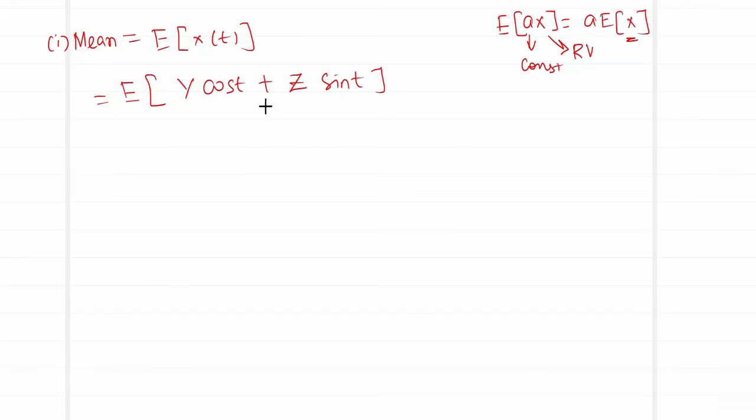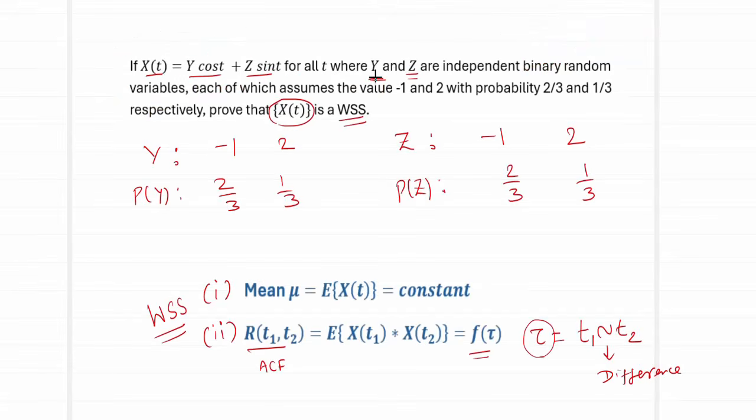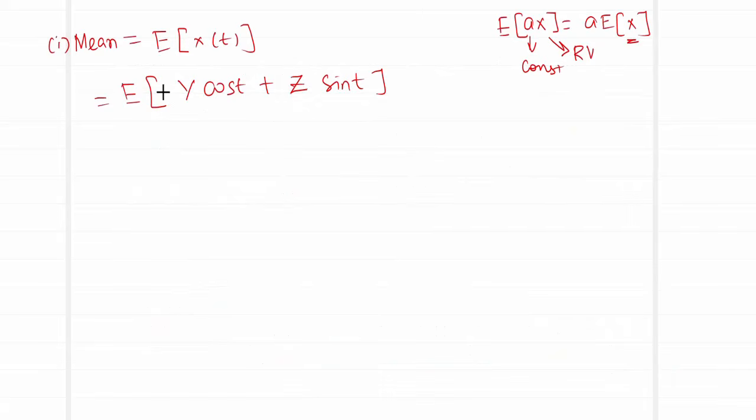Now, Y and Z are the independent random variables for us. So expectation will be applicable only to Y and Z, and the remaining quantities, cos t and sin t, will be treated like the a over here, and so the constant comes outside, leaving you with cos t times the expected value of Y, plus sin t times the expected value of Z.